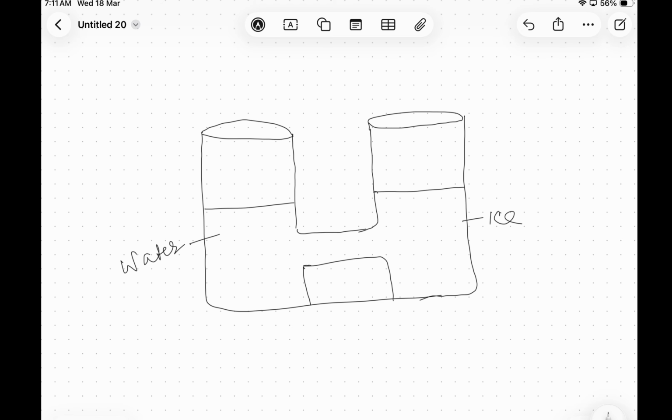Water freezes into ice. H2O liquid freezes to H2O solid, and at the same time solid H2O melts into water.